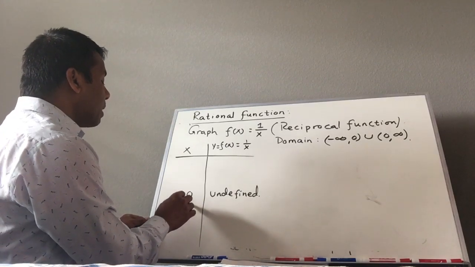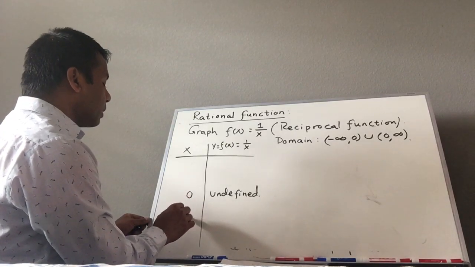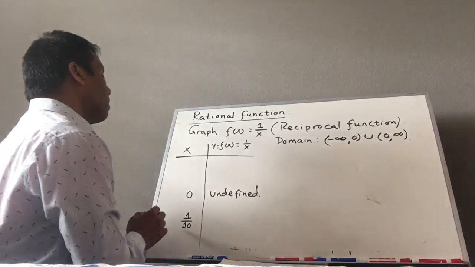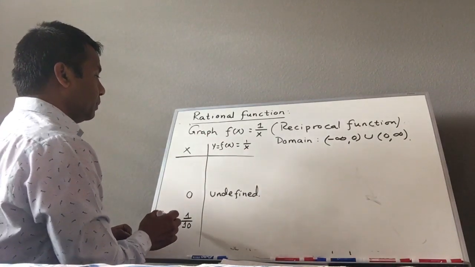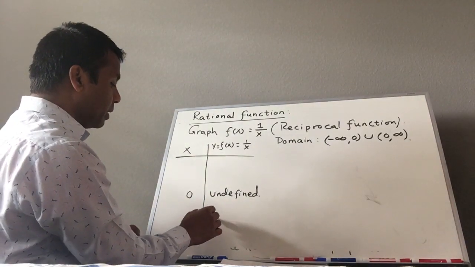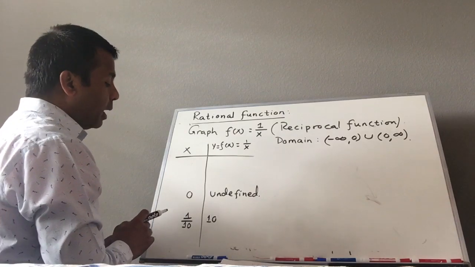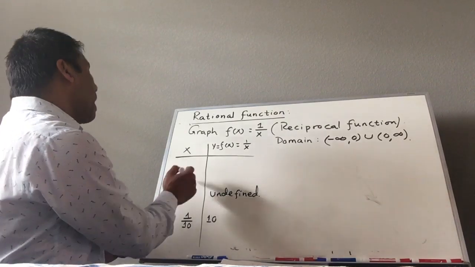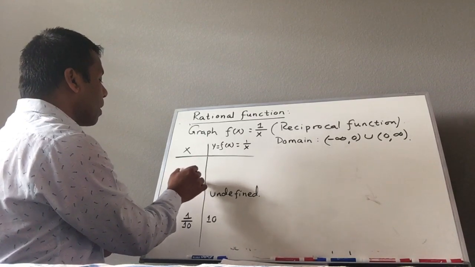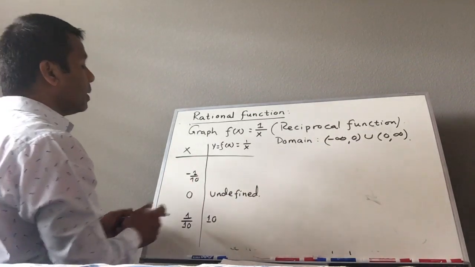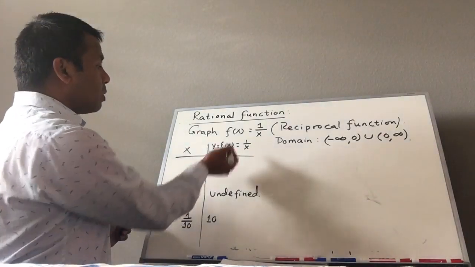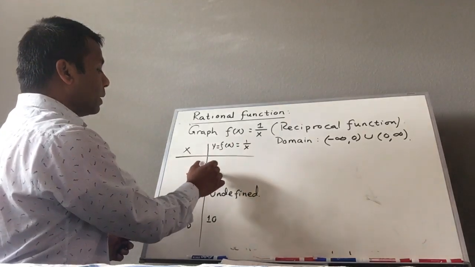If I have x equal to 1 over 10, what will be the y value? This is 1 over 1/10, which is 10. And if I have x equal to negative 1 over 10, it's pretty much the same thing, because when I plug in negative 1 over 10 here, I get y equal to negative 10.